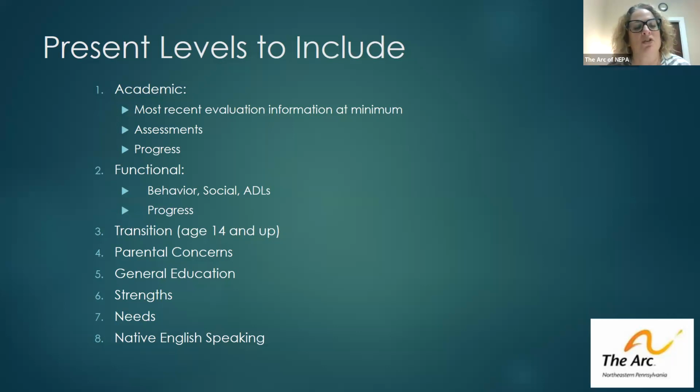And just make sure that you know that it doesn't have to be a summary. It could be exactly what your concerns are verbatim entered into the present levels. Any information on accessing the general education curriculum, strengths and needs, and if you're not a native English speaking individual, then how that impacts your performance and your present levels should be included.